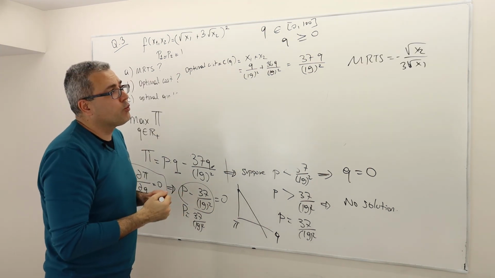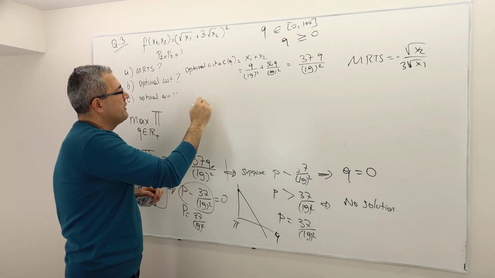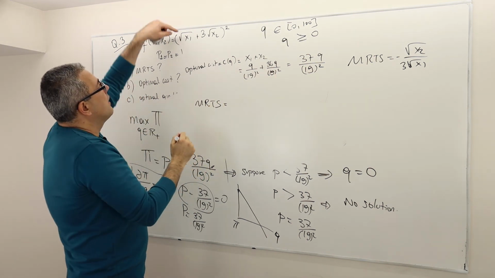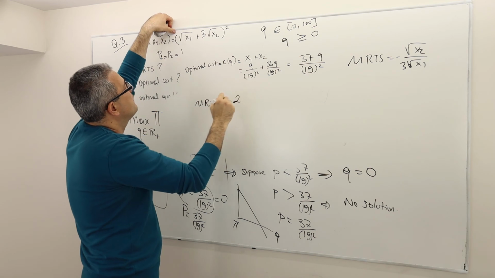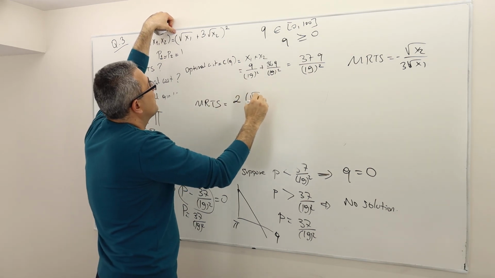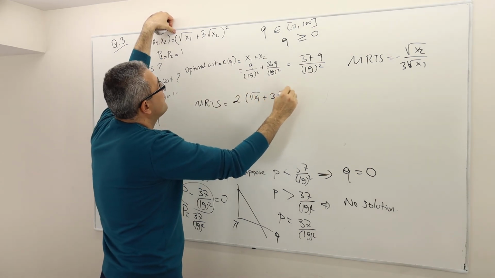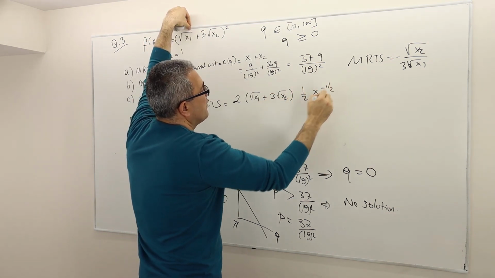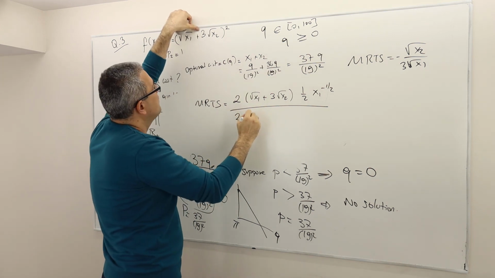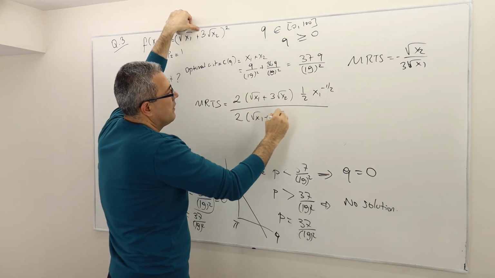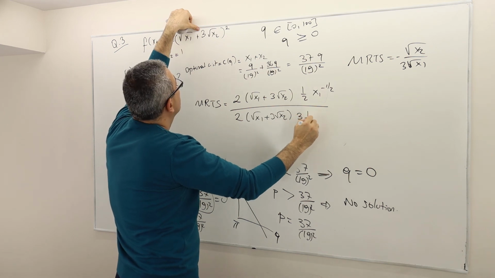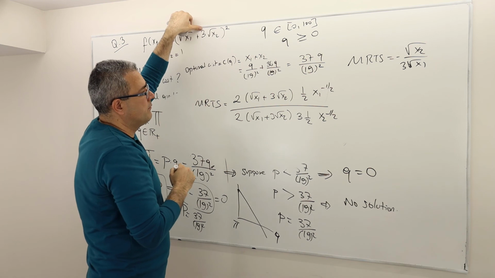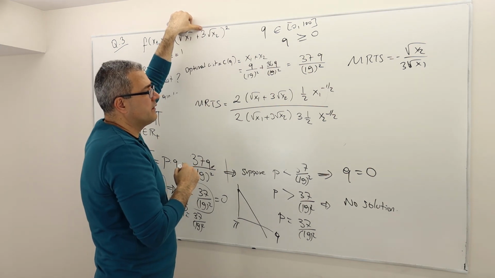So let's make sure what the marginal rate of technical substitution is. Is it really this divided by 3 or not? So that means it's 2 square root of x1 plus 3 square root of x2, with 1/2 x1 to the minus 1/2, divided by 3 times 1/2 x2 to the minus 1/2. Where did I get this 6?